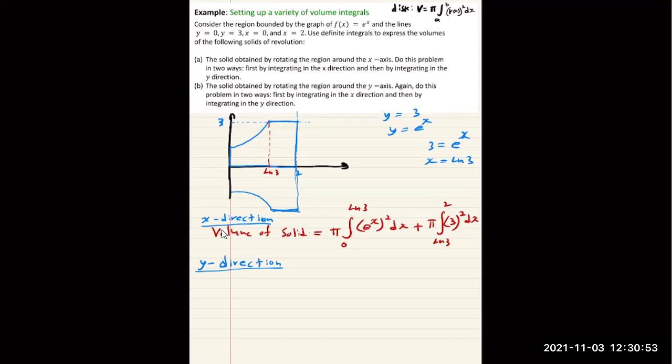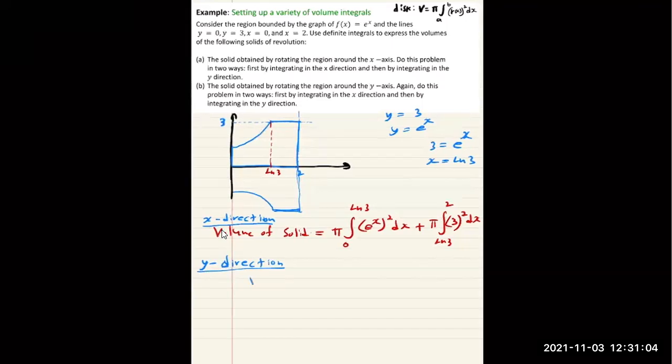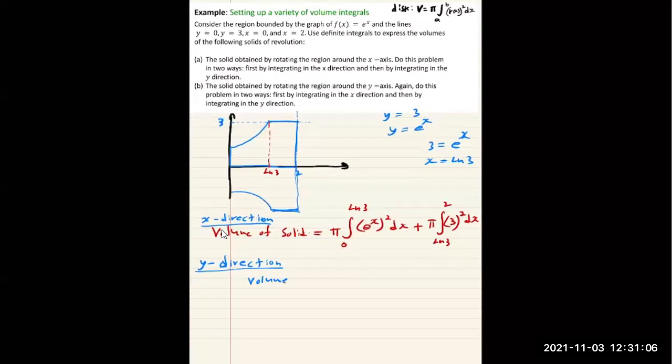All right, how do we set up this integral? First, let's focus on this interval. For that interval, we can use the shell method formula to find the volume. The volume is equal to 2 pi times the integration from 0 to 1, by the way, this value is 1, of ry times hy.